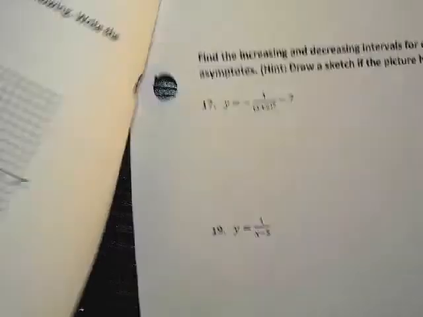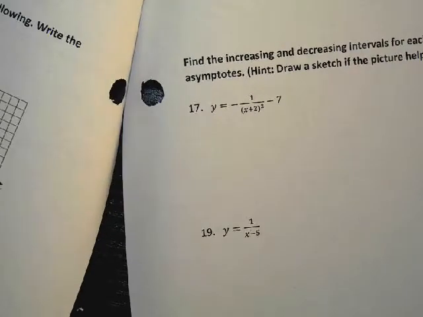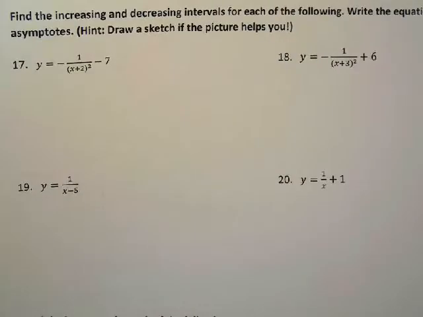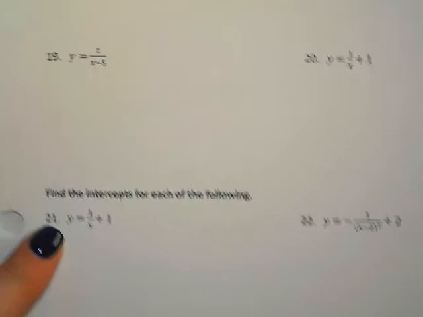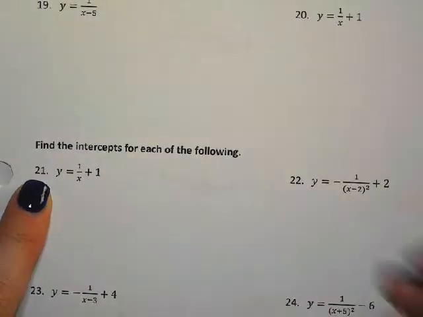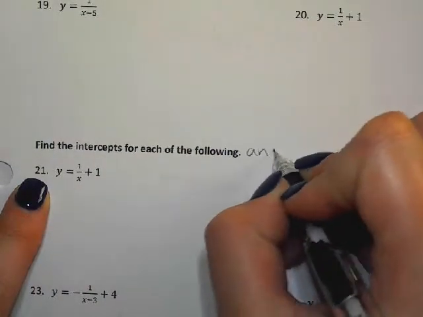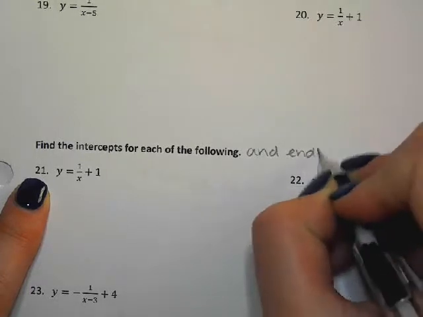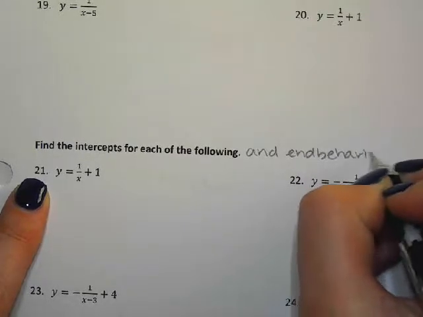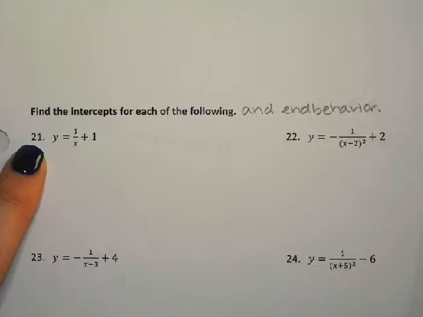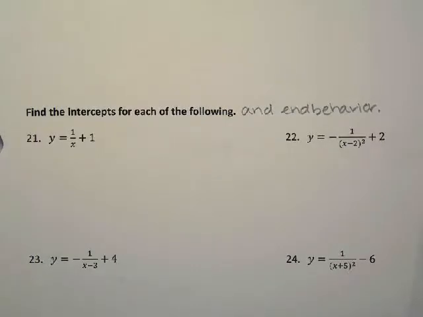Now, I did not fix the packet to have it ask you questions like what is the end behavior. So we're going to go to the second page, the section where it says 21. Right here, it says find the intercepts for each of the following, and I'm going to say and end behavior, because there's no problem that made you find end behavior, and I want you to find it.